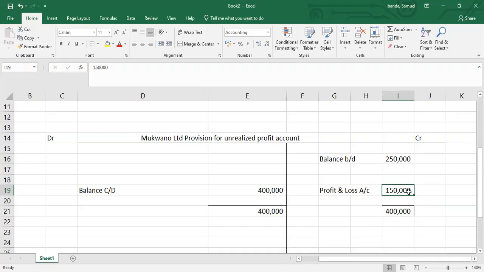As you can see, in the provision for unrealized profit account it is a credit. When we go to the P&L in the trading, it will be debited. So that is basically the principle.